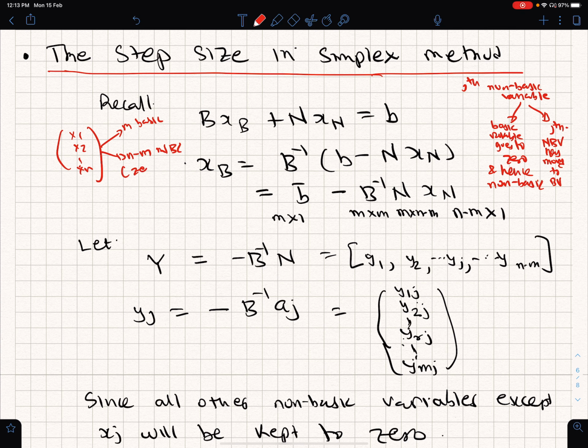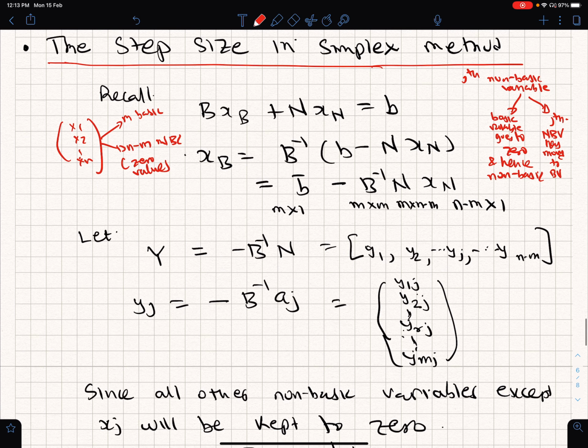Non-basic variables have zero value, and basic variables have usually strictly greater than zero value.